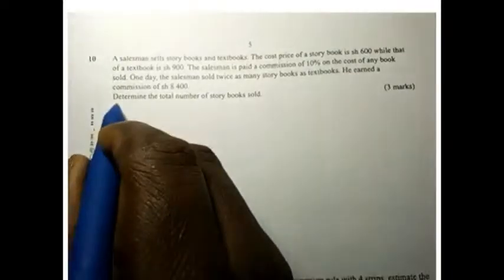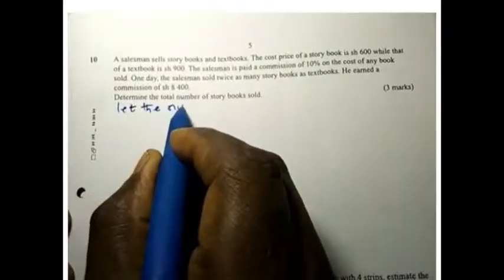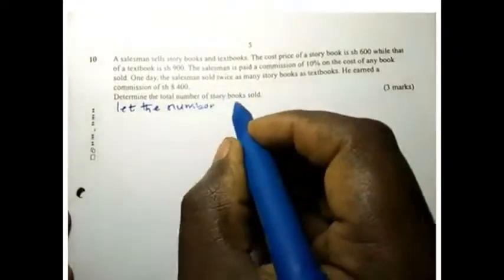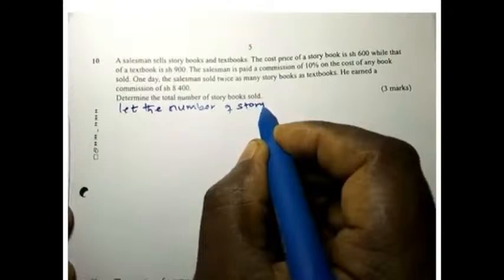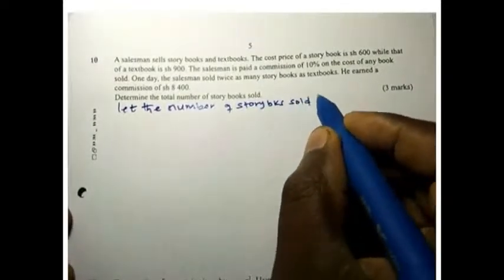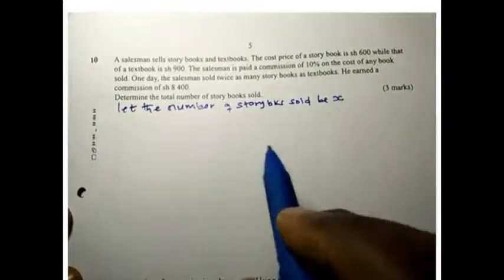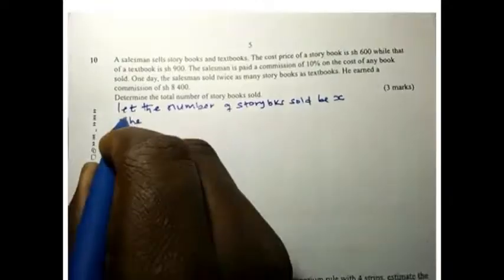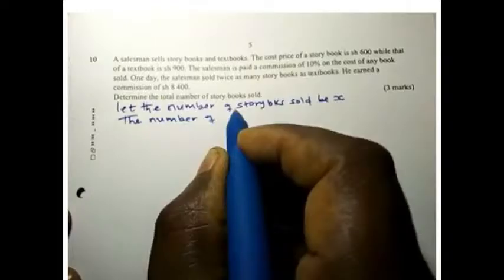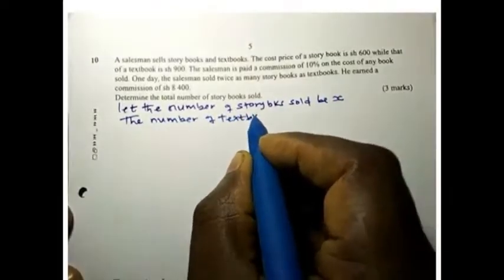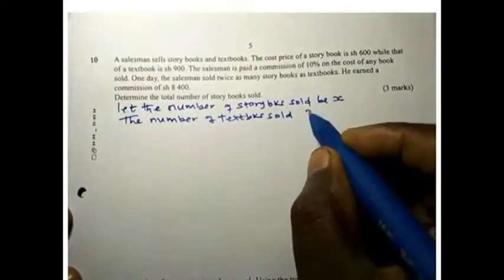So let the number of storybooks sold be X. If the number of storybooks sold is X, then the number of textbooks sold, because it was half of this one, will be X over 2.